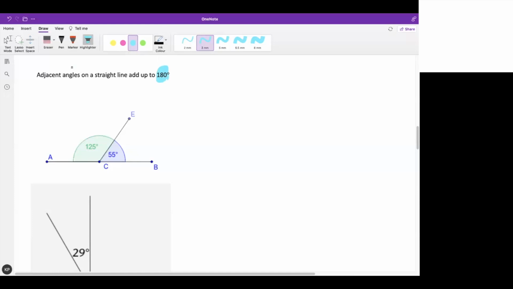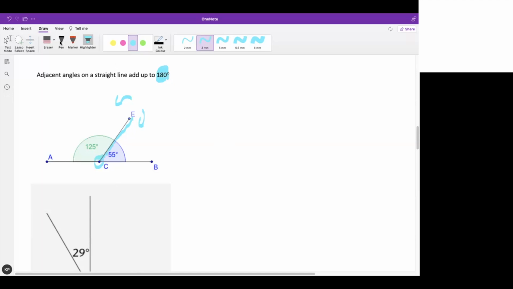We just learned about adjacent. Look at the angles that we have below here. We have a 55 and a 125 that are next to each other. They share a vertex, check. They share an arm, check. And they are on either side of the arm. So they are adjacent with one another. If you add these up, they have to add to 180 degrees.